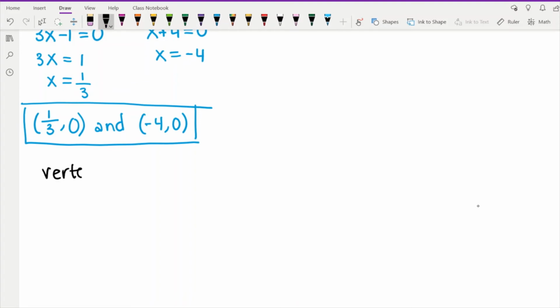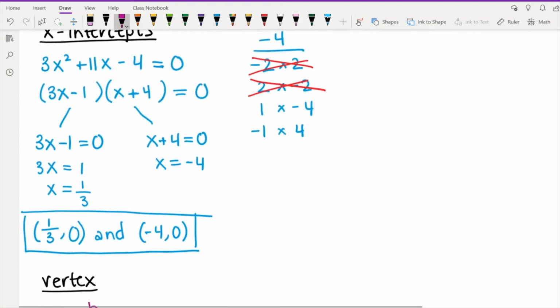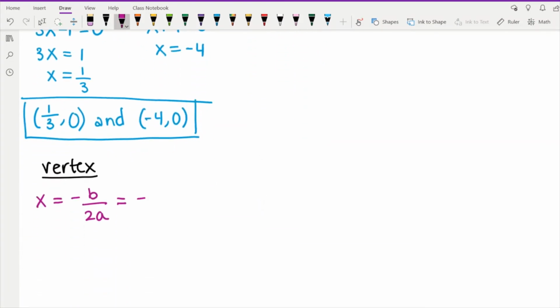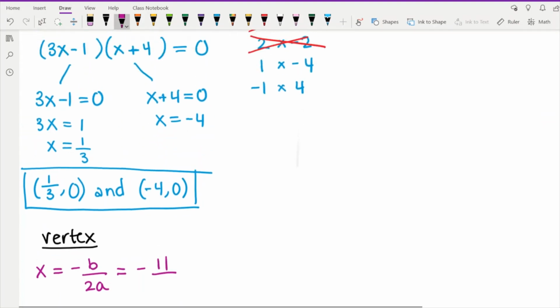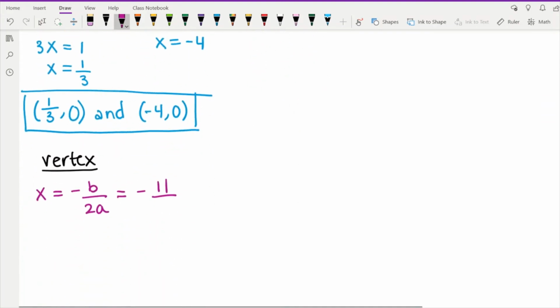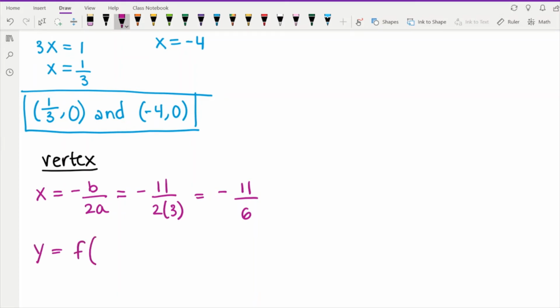For the vertex, we're going to find the x coordinate by doing -b over 2a. In this case, our b was 11, so we have -11 over, and our a was 3, so we have 2 times 3. So we get -11 over 6. To find the y coordinate, we just want to plug that number in.